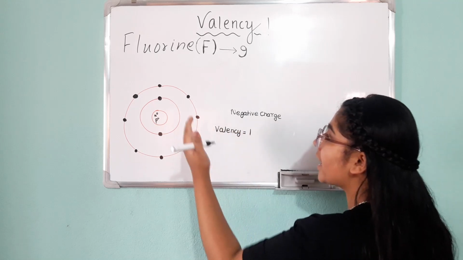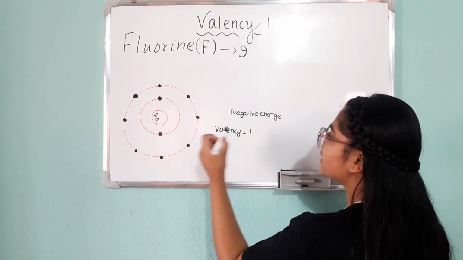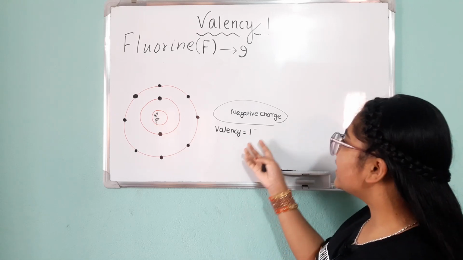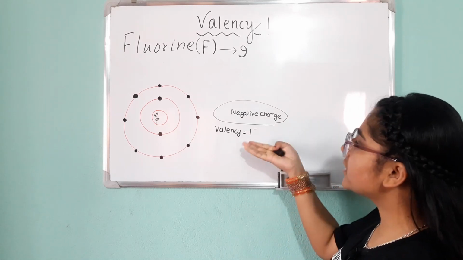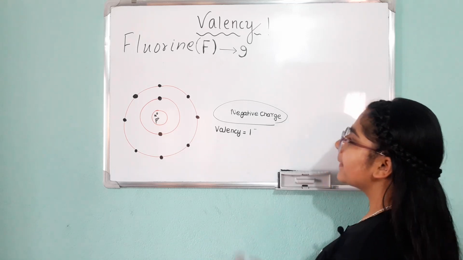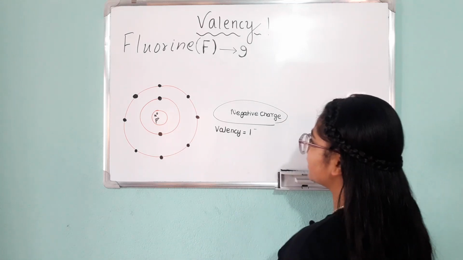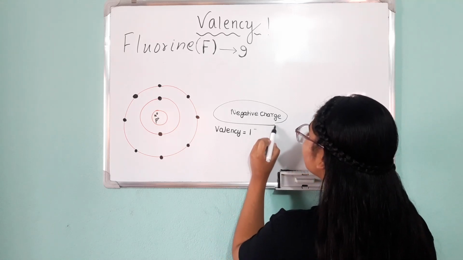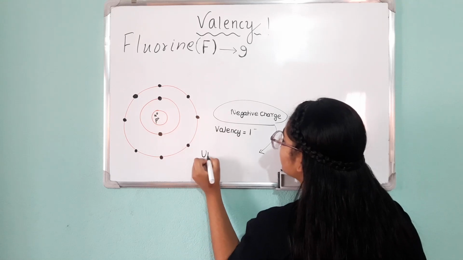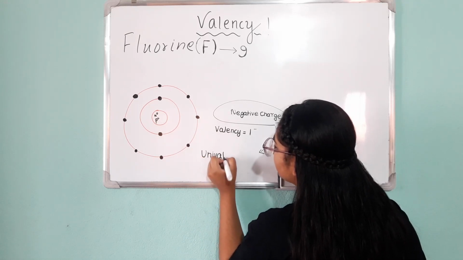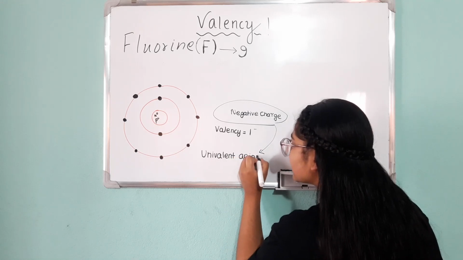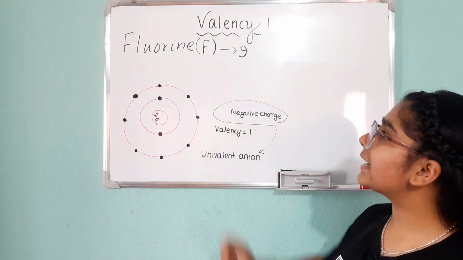As it is taking, its charge will be negative. It's not necessary to write the charge in valency; I have just told you here. So valency is 1, charge is minus. So what is this called? If it has negative charge and 1 electron, we call it univalent anion.